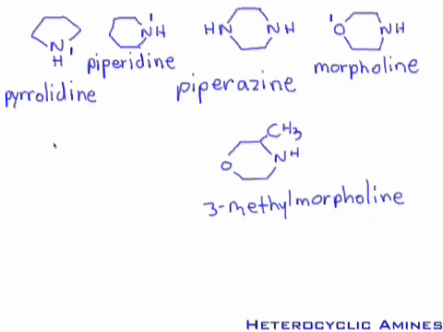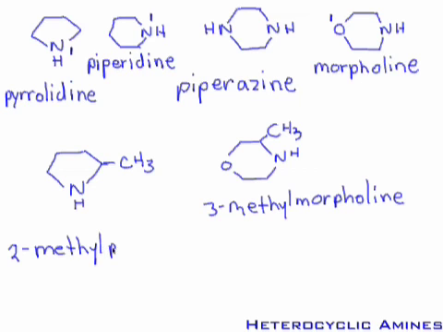If I have a substituent on pyrrolidine, say a methyl here, well that's obviously 2, because the N gets number 1, 2-methyl pyrrolidine. So some new names for you to memorize in IUPAC nomenclature.